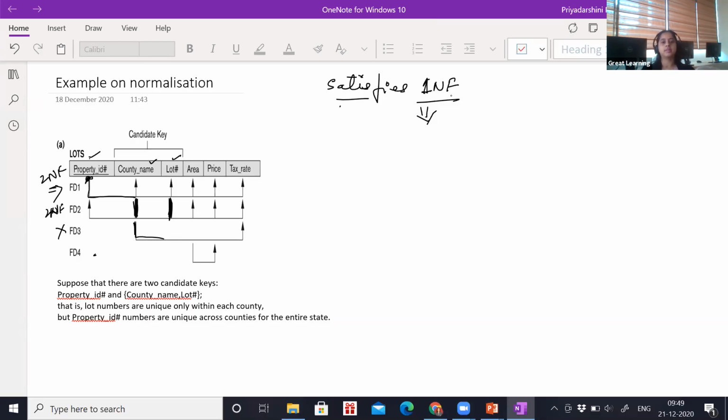Now come to FD4. Which one is it checking? Area. Is area a part of a candidate key? Any of the candidate keys? Area? No, right? When it is not at all a part of a candidate key, there will be no concept of fully functional dependency and partial functional dependency.